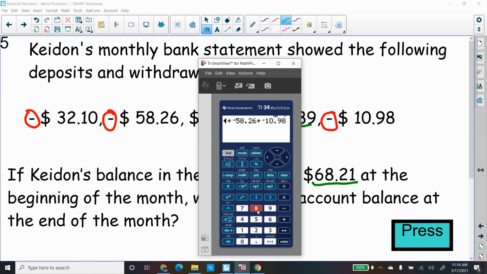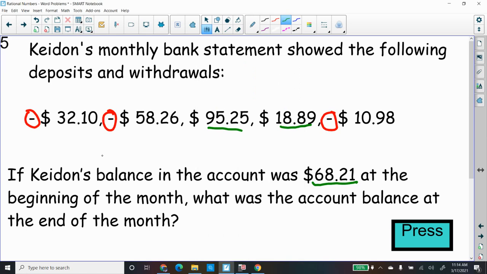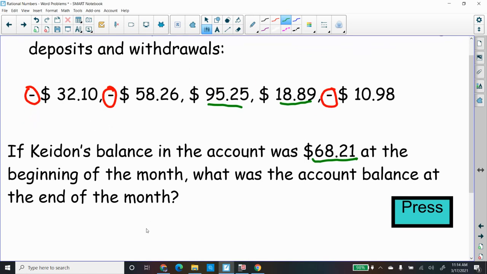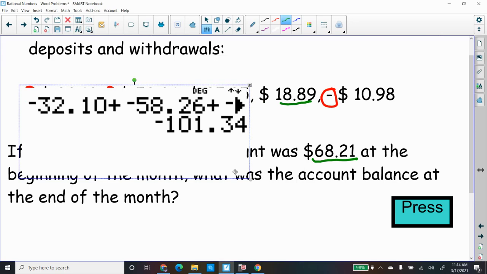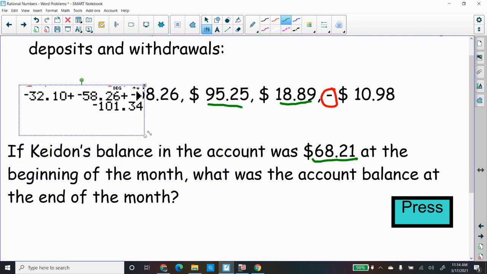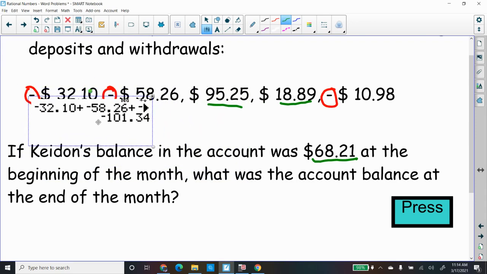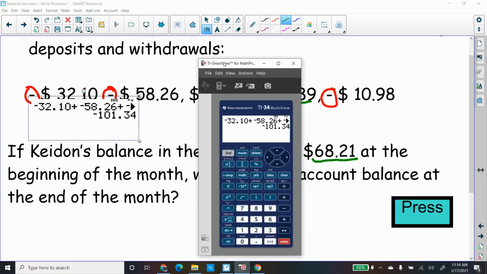So she added all that up to see how much she spent. So she spent $101.34. That's her bills.